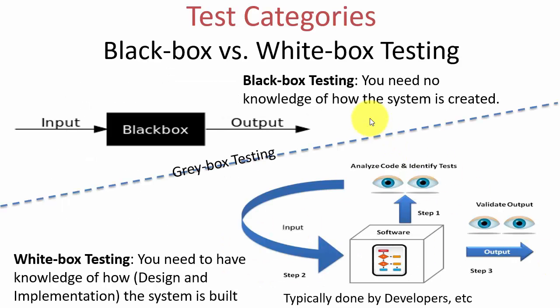So testing can be divided into two test categories, and the first one is black box testing, and the second one is white box testing. With black box testing, you don't need to know anything about the system you are going to test.